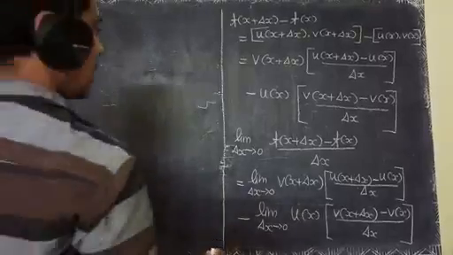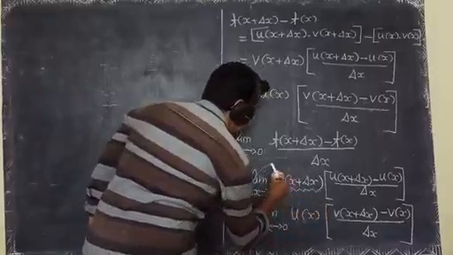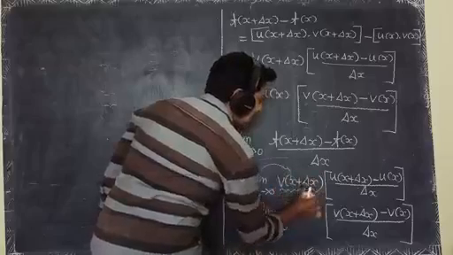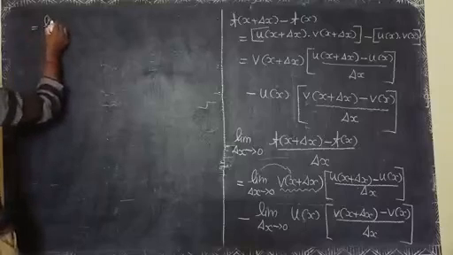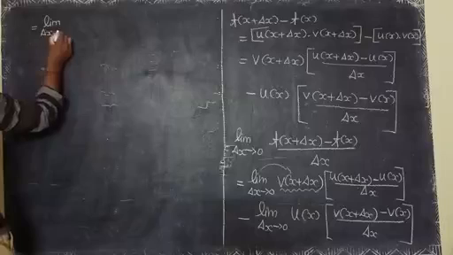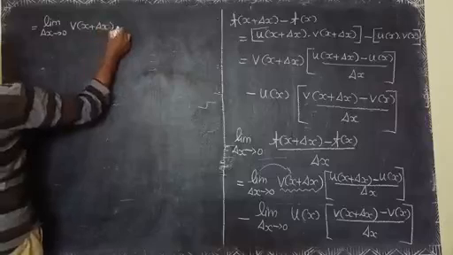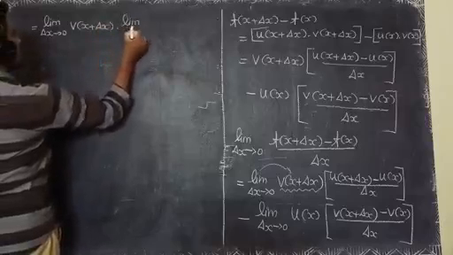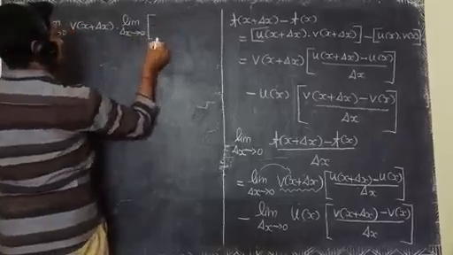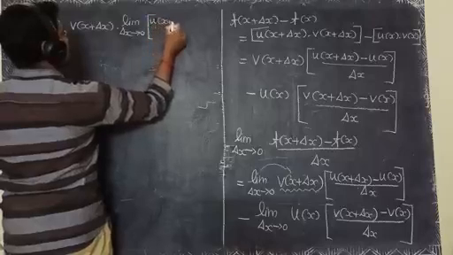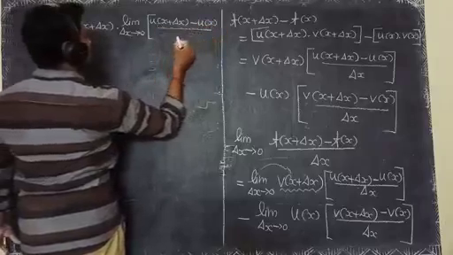Here v of x plus del x is a continuous function, so applying the limit gives v of x. The limit as del x approaches 0 of v of x plus del x, multiplied by the limit as del x approaches 0 of the remaining function, u of x plus del x minus u of x, divided by del x.